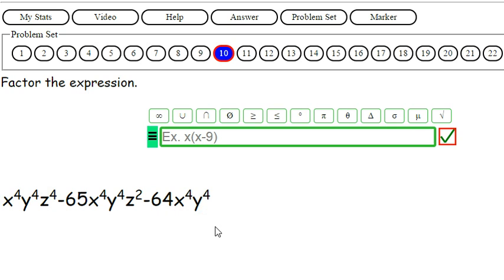We got z to the fourth, minus 64 x to the fourth, y to the fourth. That's enough to make me dizzy. Fortunately, we got to write all this stuff out now.